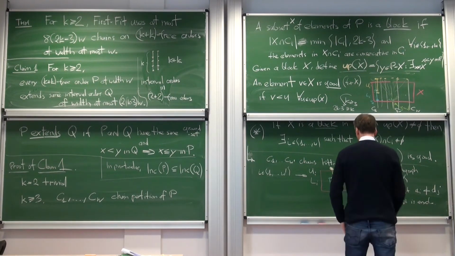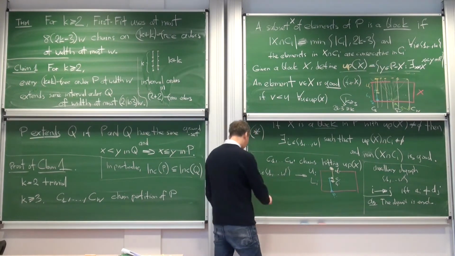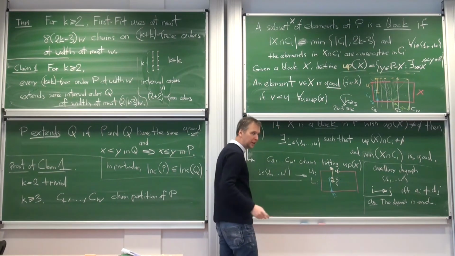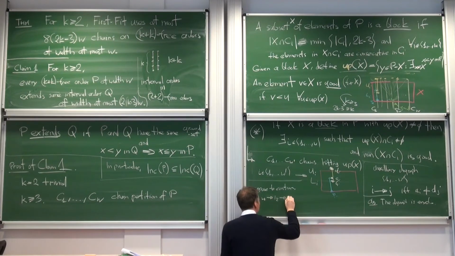Why is it so? Well, consider the opposite. Suppose the contrary, that we have a cycle: i1 arrows i2, arrows, up to in, and in arrows i1.